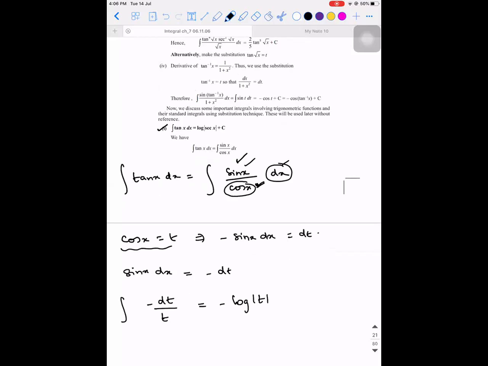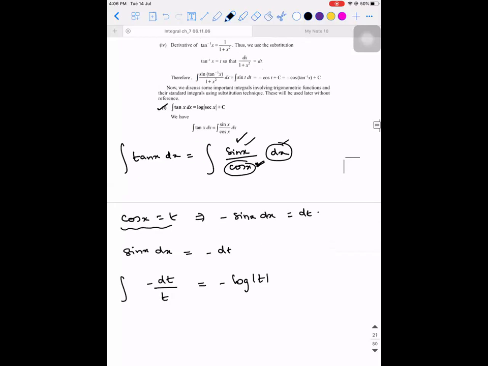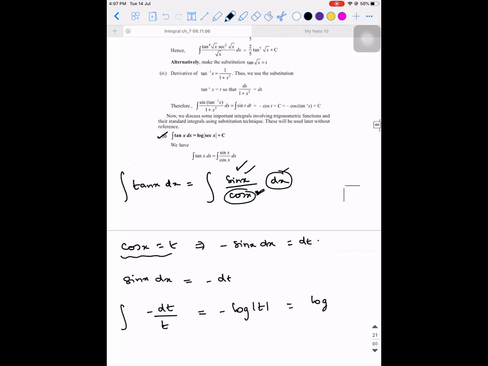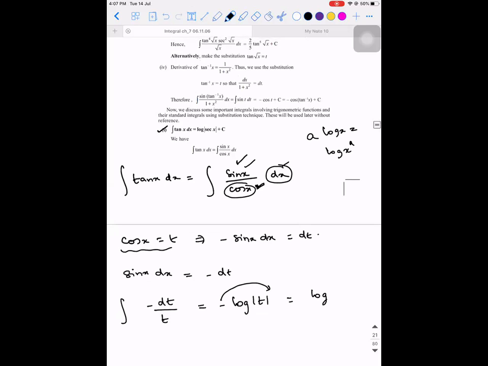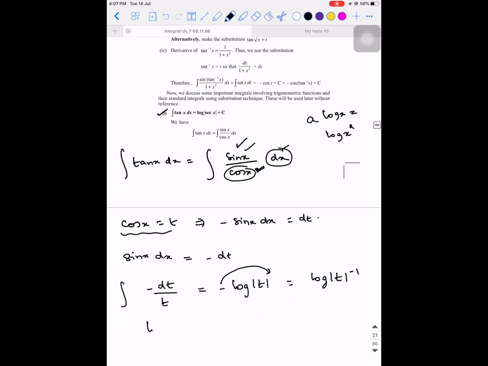Integral of 1 by x is log of mod x. You know this principle, right? So a log x can be written as log of x power a. Do you guys know this? Yes, sir. So it's a property, right? So this minus sign will go this side. So it will become log of mod t to the power of minus 1. Okay, so it will become log of 1 by t.